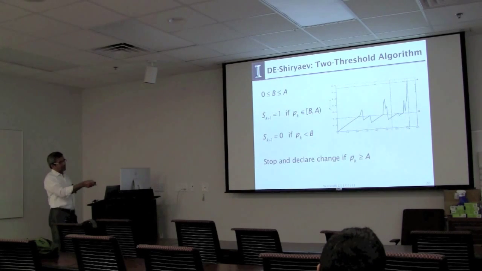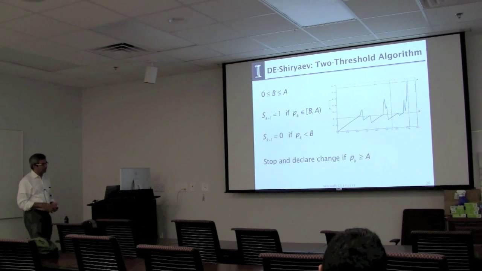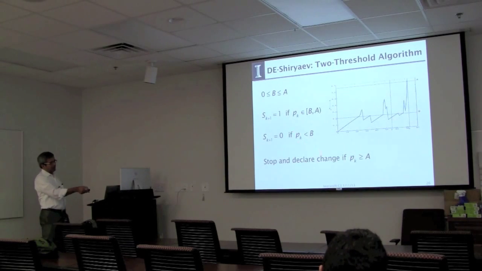So we add another threshold, B, and if the statistic is below the threshold, we skip observations. As simple as that. That's all this test is.